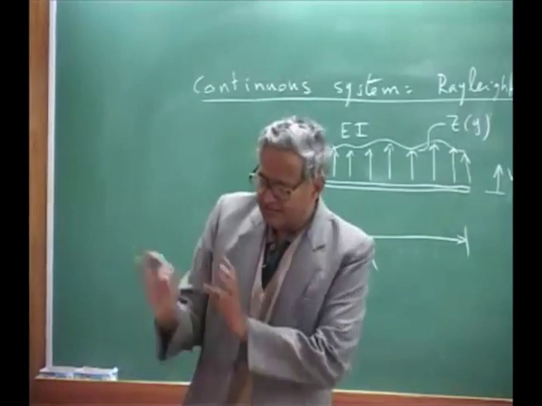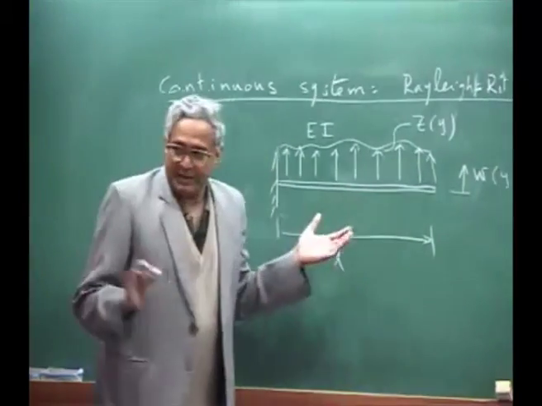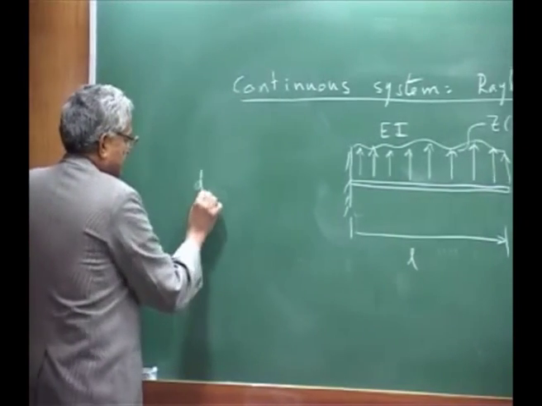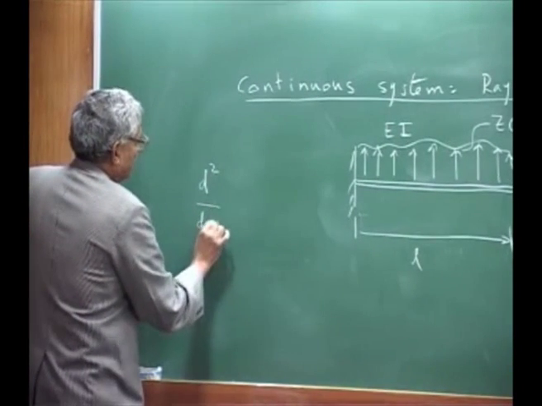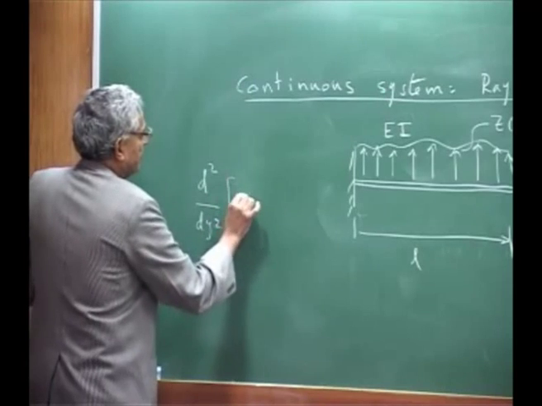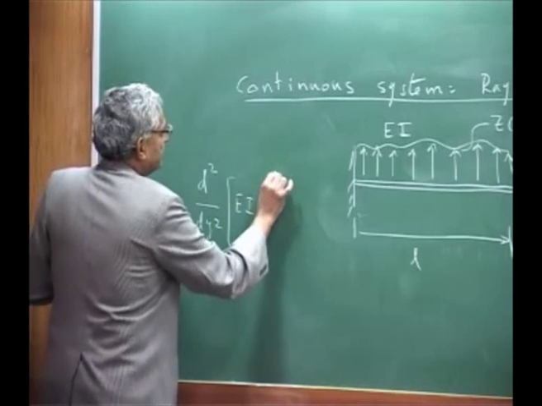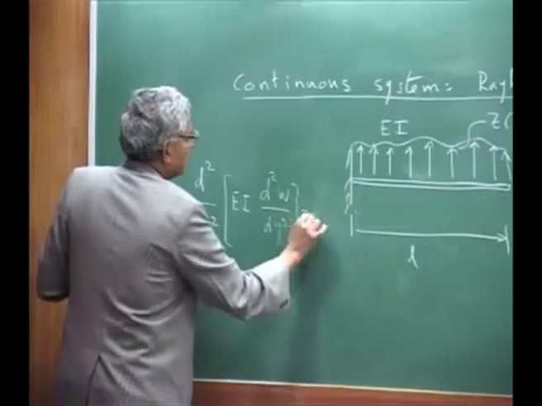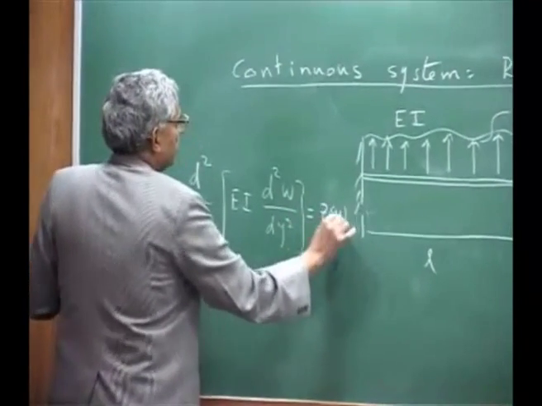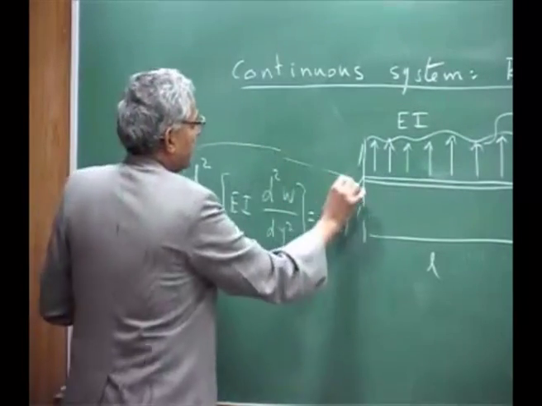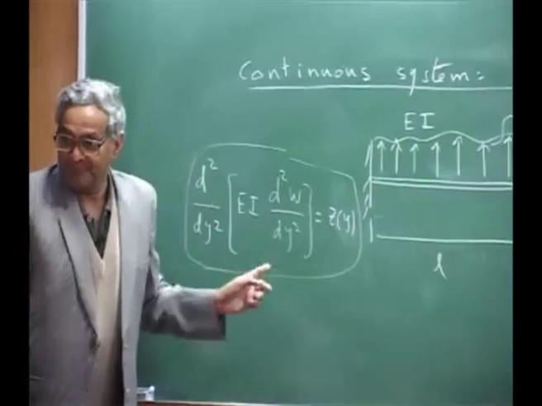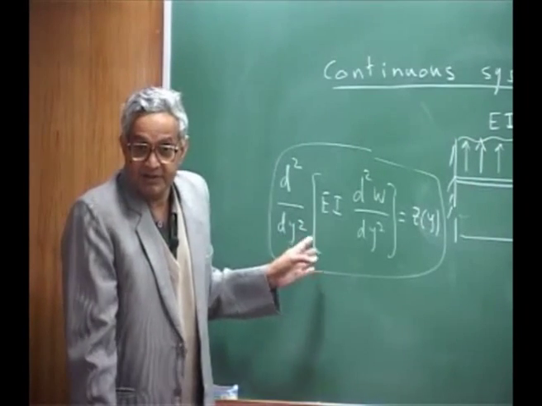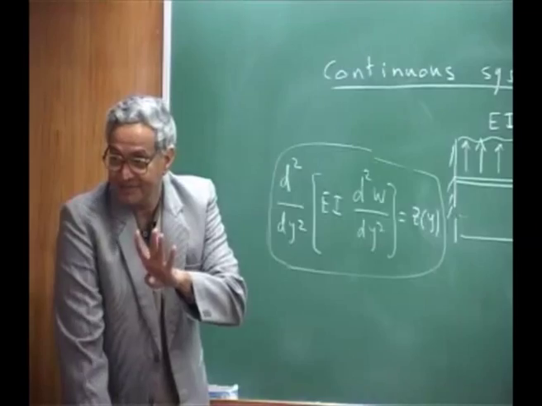But just to deviate a little bit, you know the bending equation we derived last class, which was d square by dy square of EI, and we wrote it like this. This is a fourth order differential equation. We need 4 boundary conditions. Please understand.